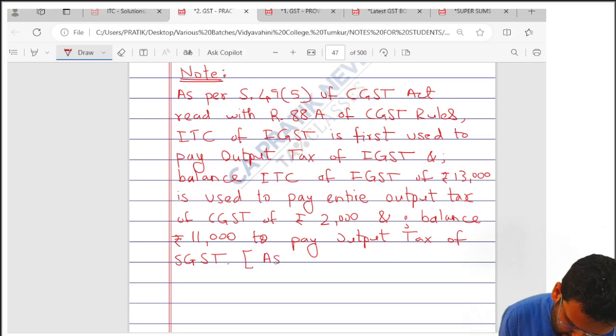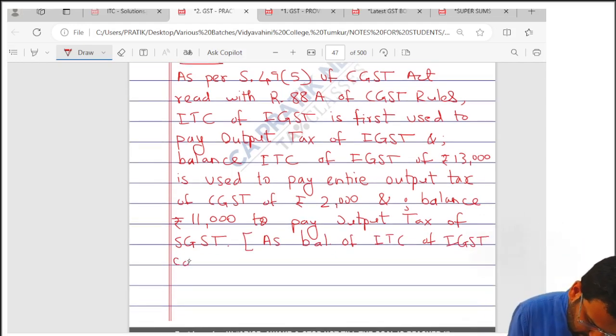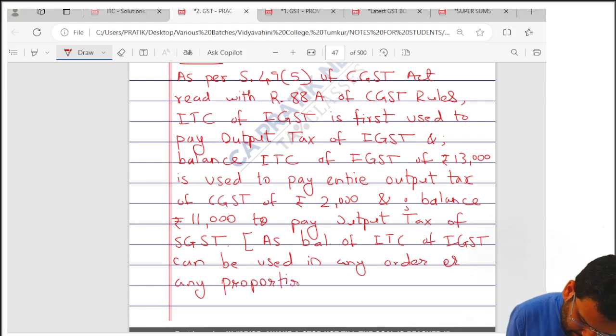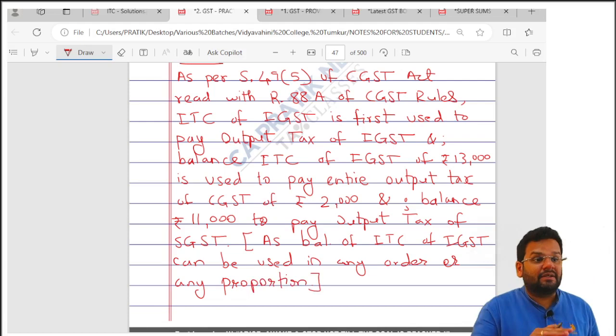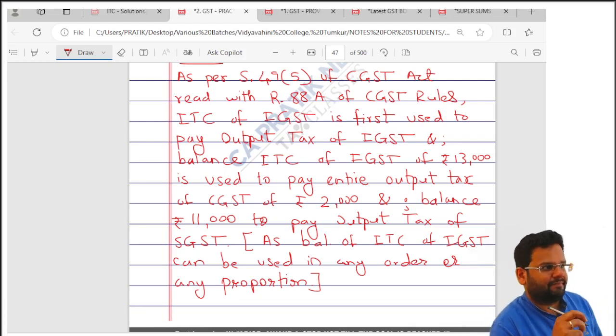In brackets: balance of ITC of IGST could have been used, can be used, in any order or any proportion. See, any other assumption you make now is also correct.